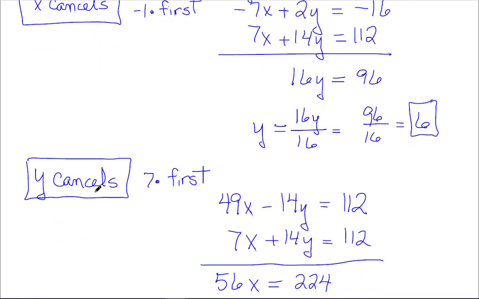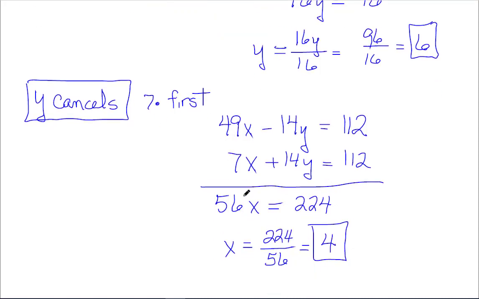So that's what I did. I multiplied it by 7. Add them up now. The y's do cancel. I get 56x is 224. Dividing both sides by 56, and you get x is 4. So the point of intersection then is going to be at 4, 6.